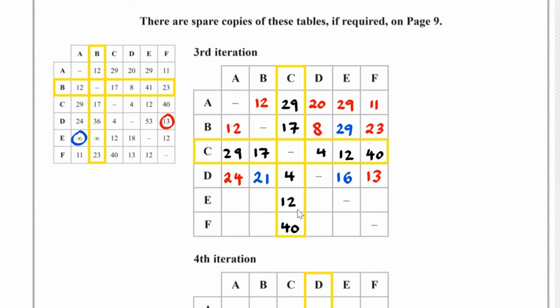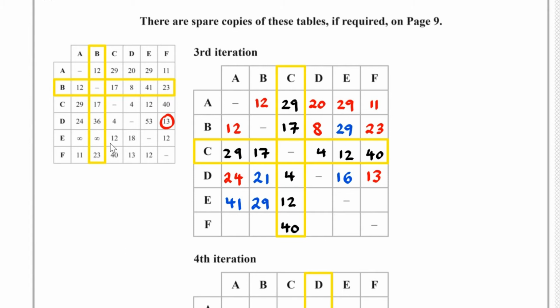We see 29 plus 12 is smaller, that's 41, so 41 goes here. We now compare 12 plus 17 with the infinity. 12 plus 17 is smaller, so that 29 changes.